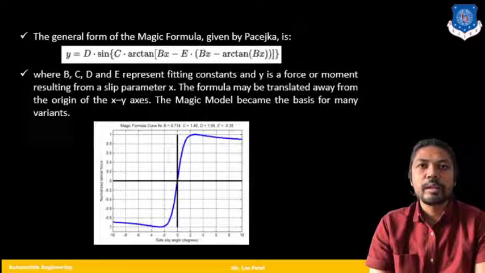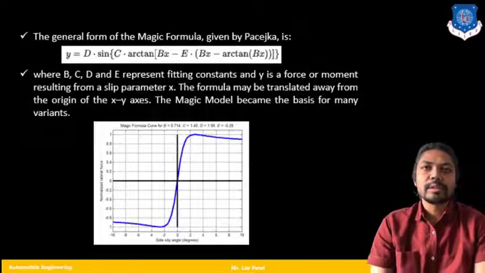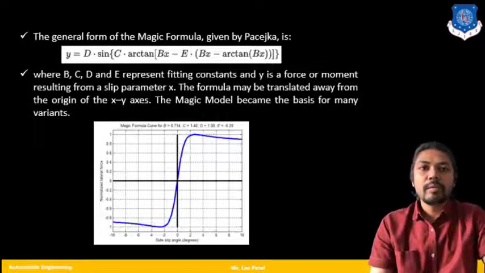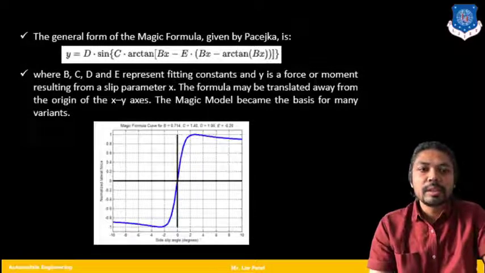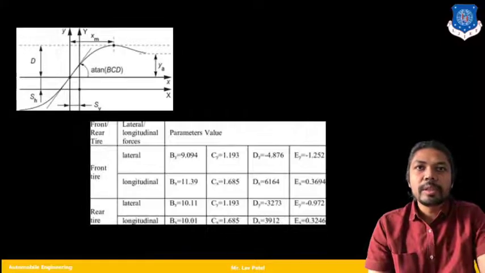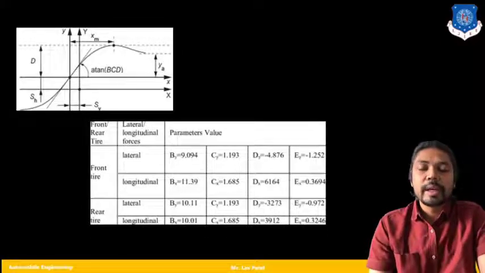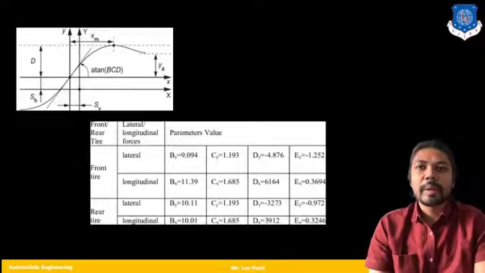So here you can see the values of the constants like B, C, D and E. You will find the value of B is 0.714, C is 1.40, D is almost 1, E is minus 0.20. So after putting these values in the equation, you will find a new tire model. So again, that is depending on my lateral force, also the slip angles.